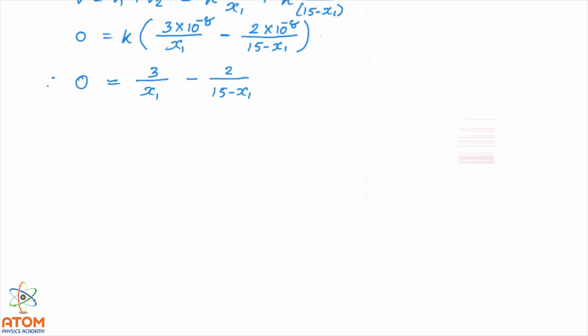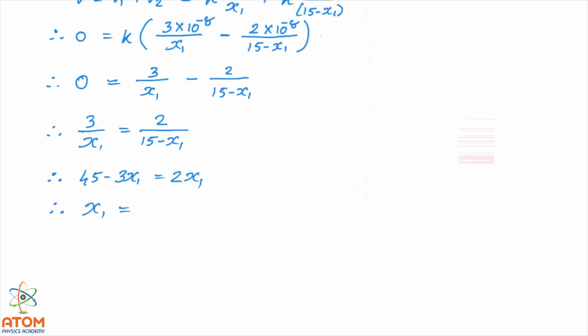Now solving this, we will get 3 upon x1 is equal to 2 upon 15 minus x1, and so we will get 45 minus 3x1 is equal to 2x1, and so you will get x1 is equal to 45 by 5, right? And that means x1 will be 9 centimeter. This is the first answer.